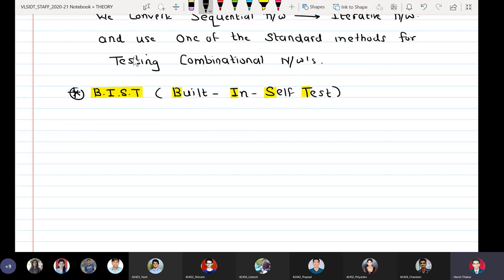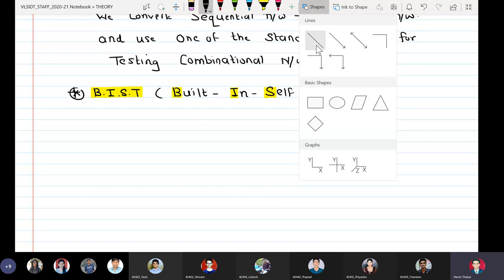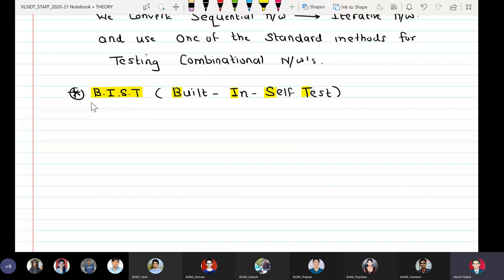So built-in self-test, the definition of built-in self-test lies in the word itself. So it's very simple.